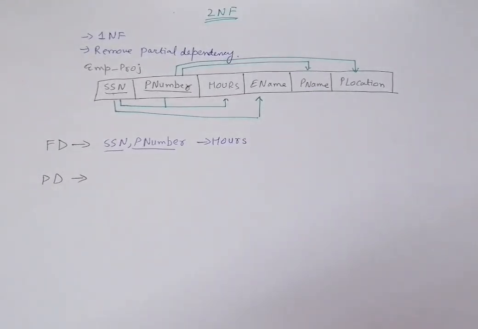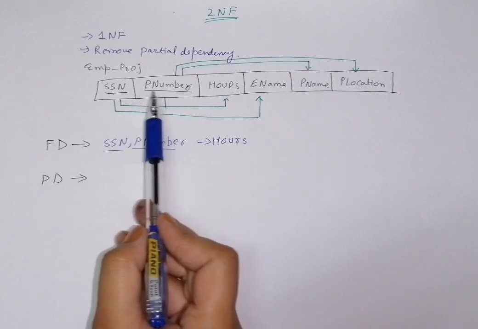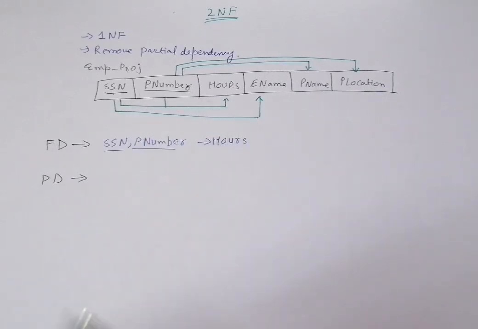Since I know that two attributes have combined together to form a single primary key of this relation, there is quite a large chance that we may encounter partial dependencies here. So what are the partial dependencies? We will look for all those attributes that depend on part of the primary key for their existence.